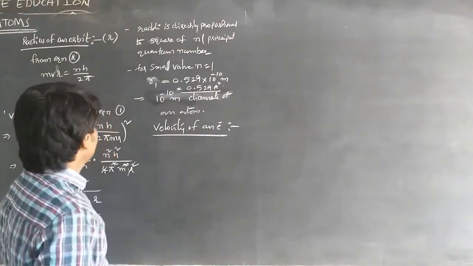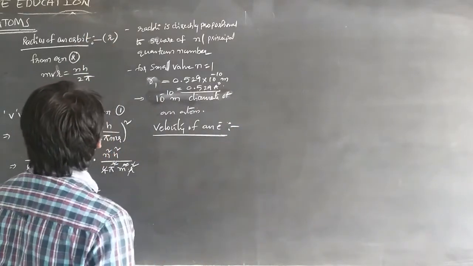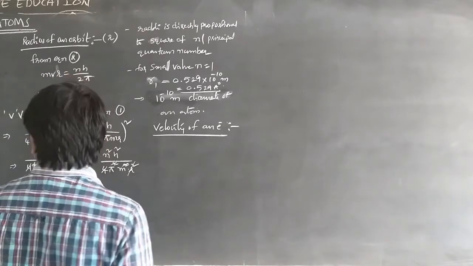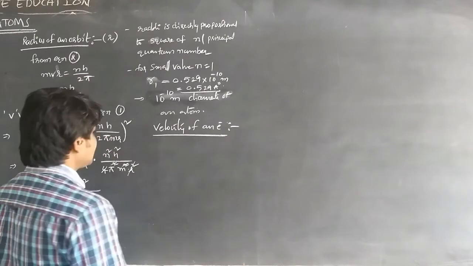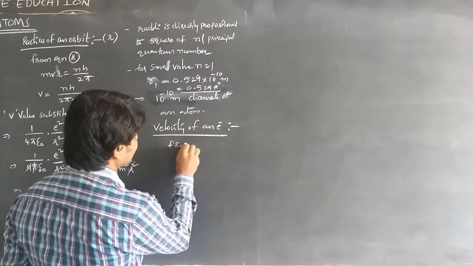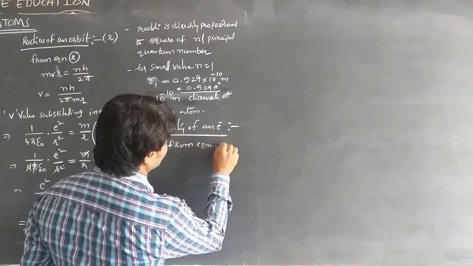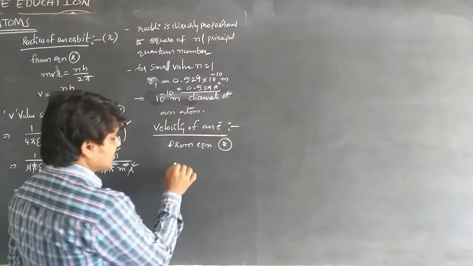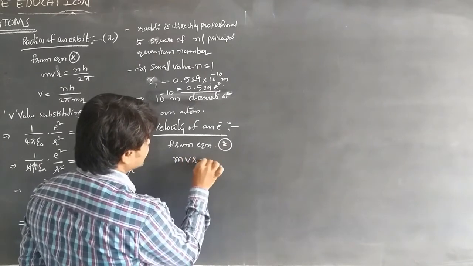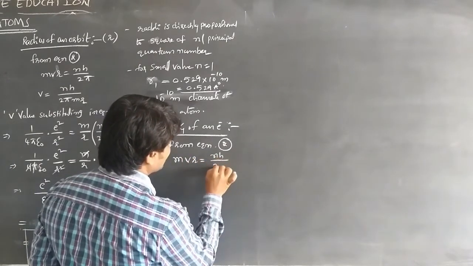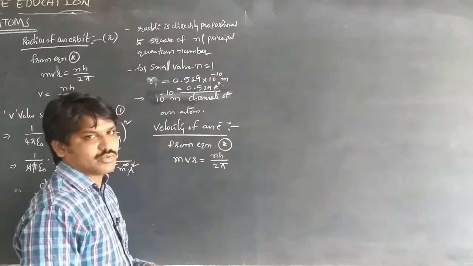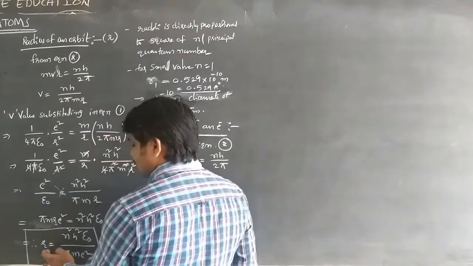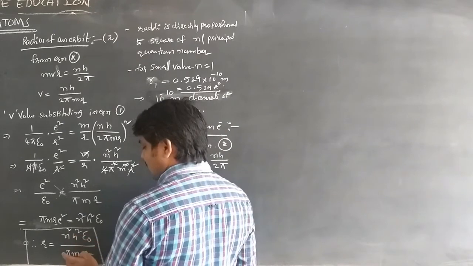From equation number 2, we have mvr is equal to nh by 2 pi. We already have the equation for the radius of an orbit, r is equal to n square h square epsilon naught by pi m e square.